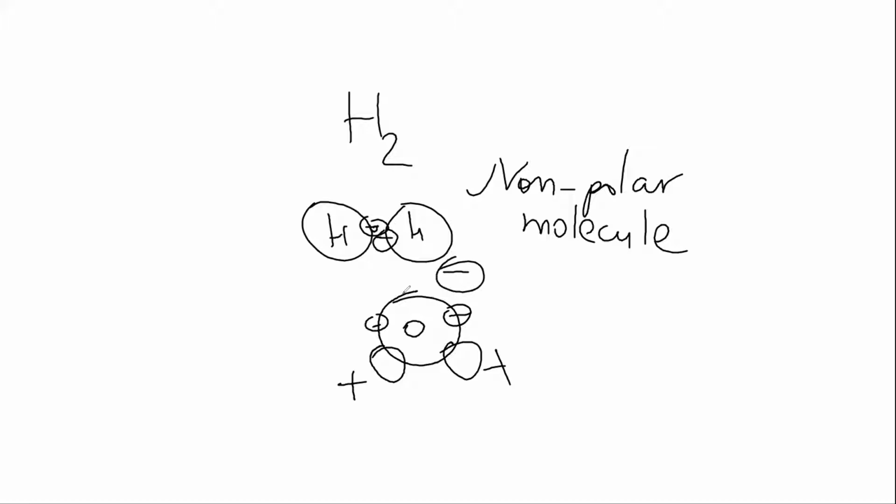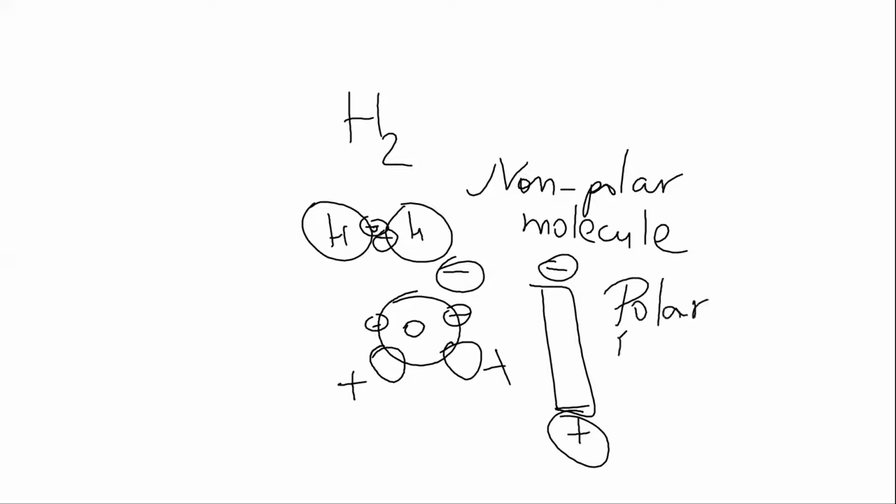So it's pretty much like a magnet, really. It's like a magnet that has a negative charge at one end and positive at the other end. So this is called a polar molecule.